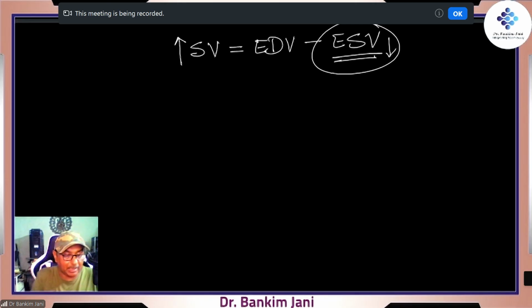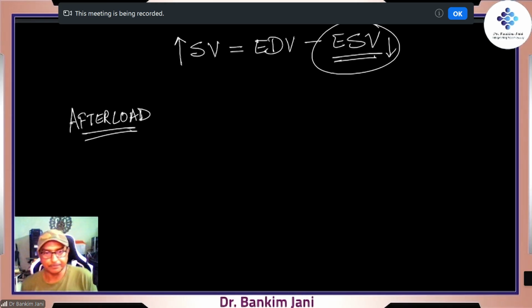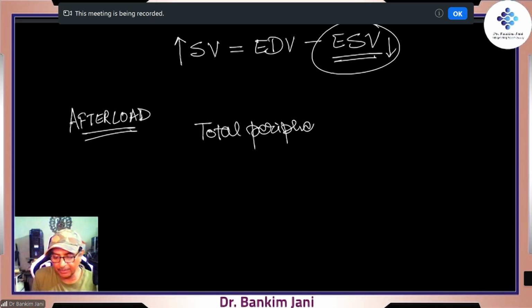Now comes afterload. The last topic, the most confusing topic, afterload. Now, afterload is not related to heart, but it affects heart. Afterload is total peripheral resistance. Total peripheral resistance.